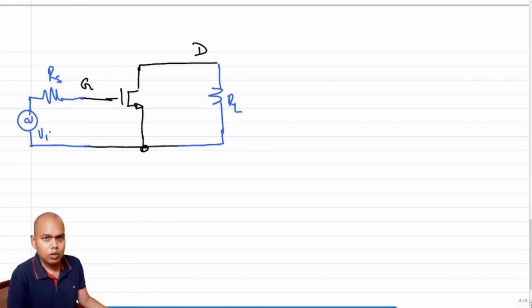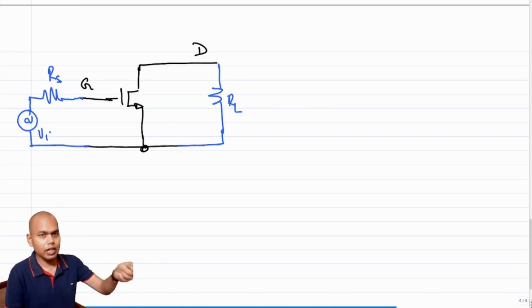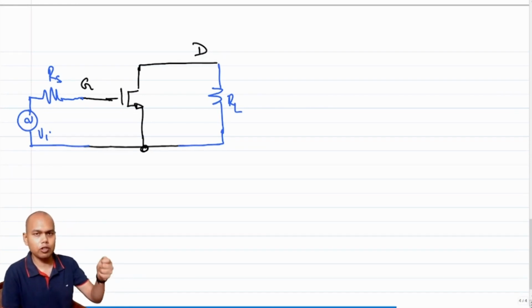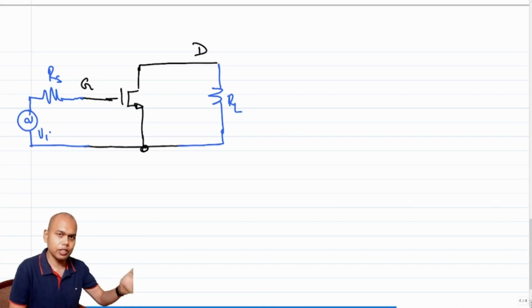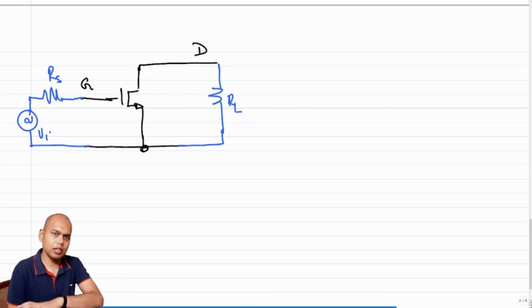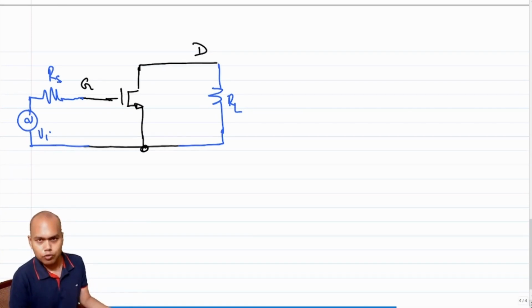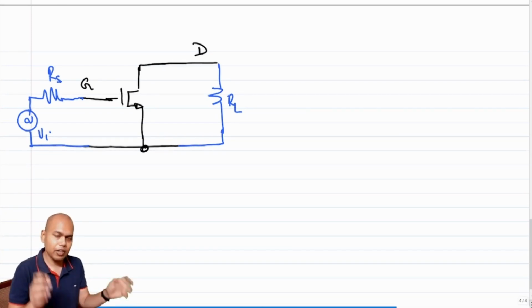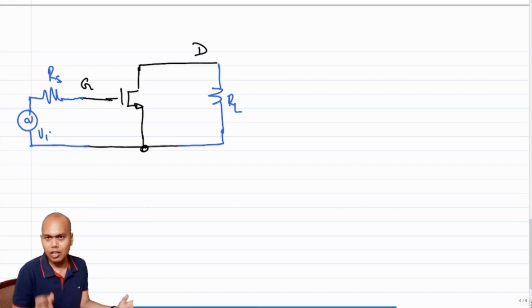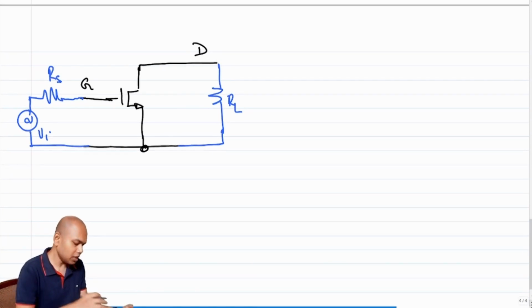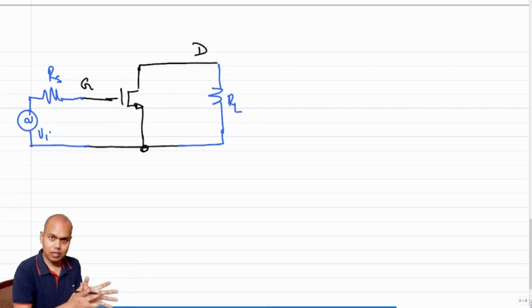When we say the voltage at this node is 2 volt or 5 volt or 3 volt, we implicitly assume there is one reference terminal, and that common terminal we typically call ground.